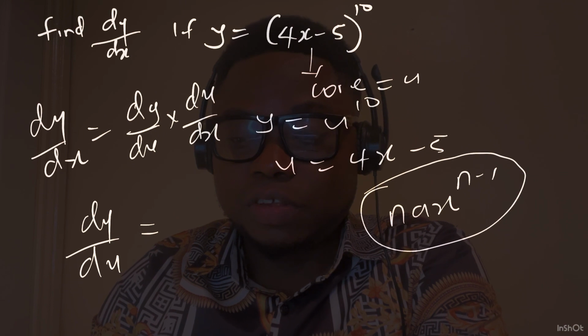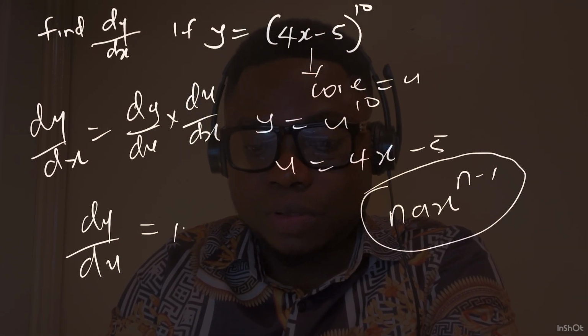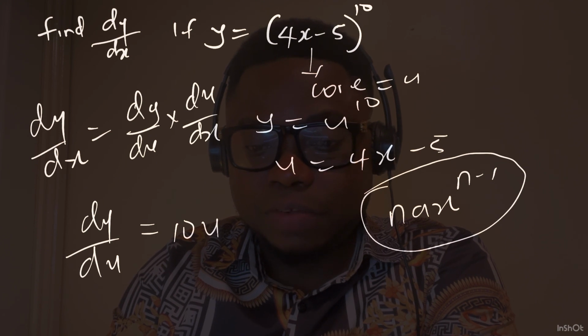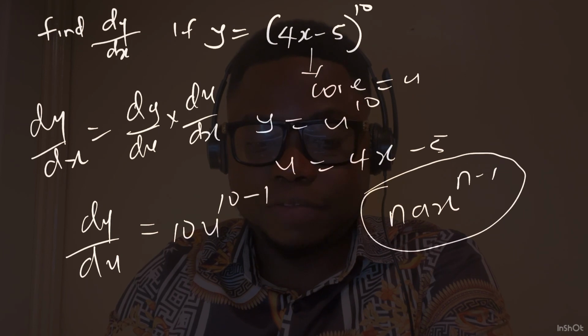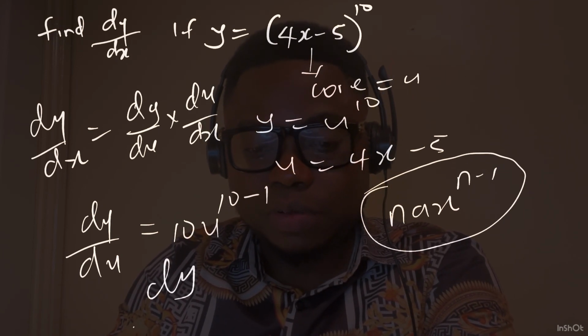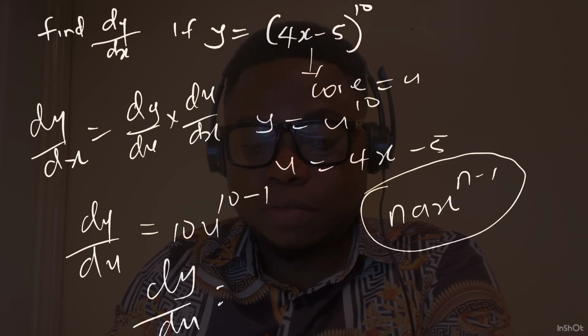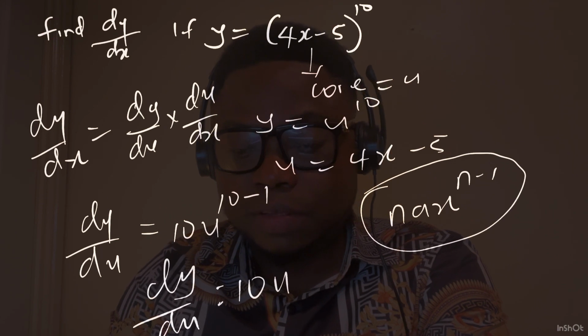Using this formula, I'm going to have 10u raised to the power of 10 minus 1, because anywhere I see n, I'm going to replace with 10. So in this case, dy over du is equal to 10u raised to the power of 10 minus 1 is 9.